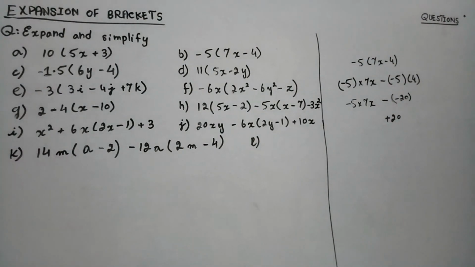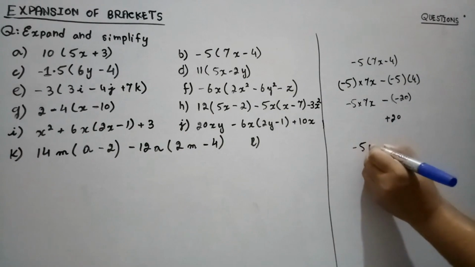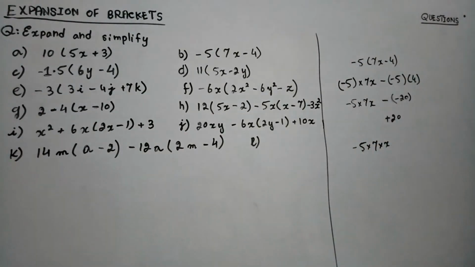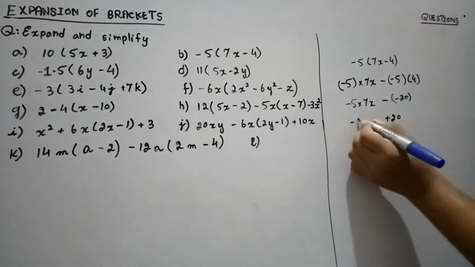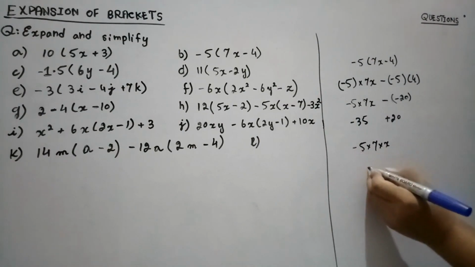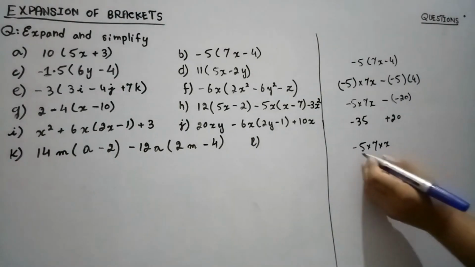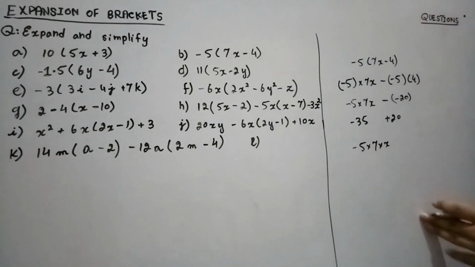Clear? Now here we have a minus 5 and a positive 7 and this x. So 7 fives are 35, and it will be a negative 35. Why? Because here we have negative 5 multiplied by positive 7, or I can say a minus sign and a plus sign. So minus plus will be equal to minus.